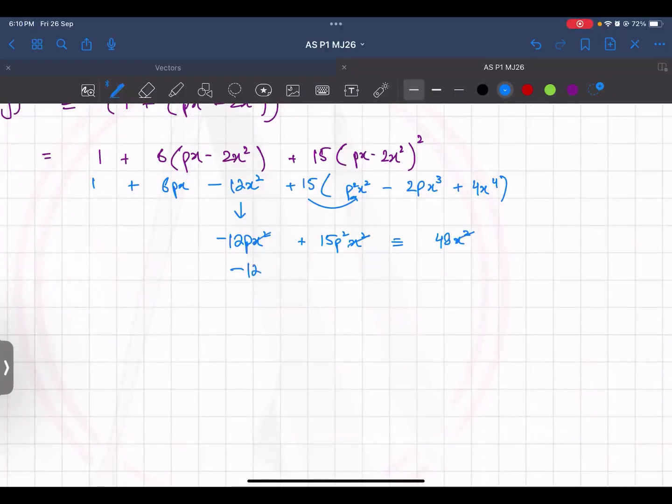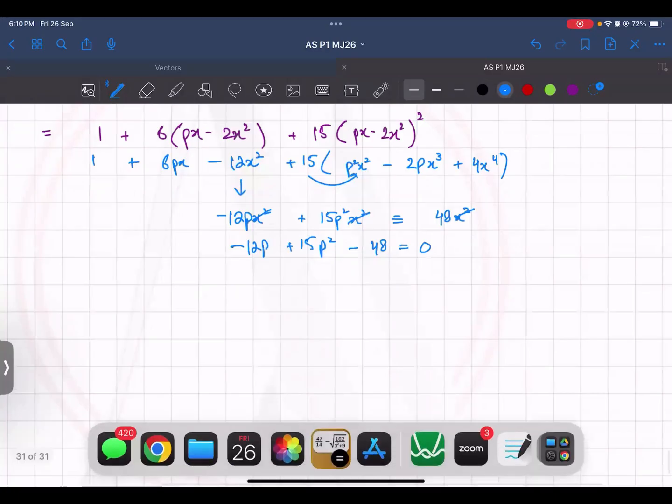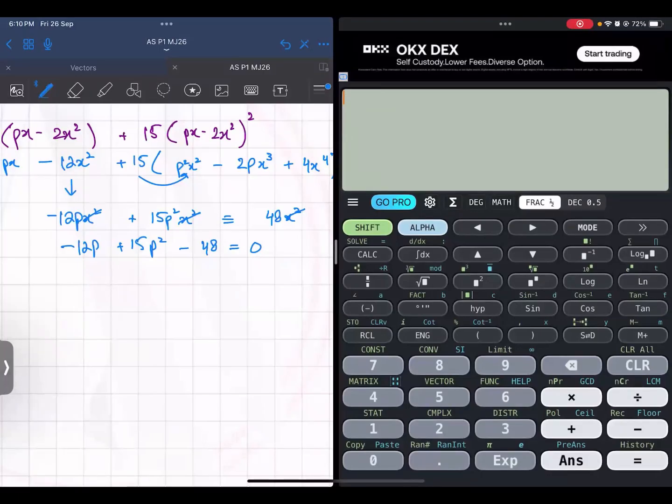So you have minus 12p plus 15p square minus 48 equals 0. And then you can solve it quadratically. Use the quadratic formula, get the answer for p. So this is 15p square minus 12p minus 48.